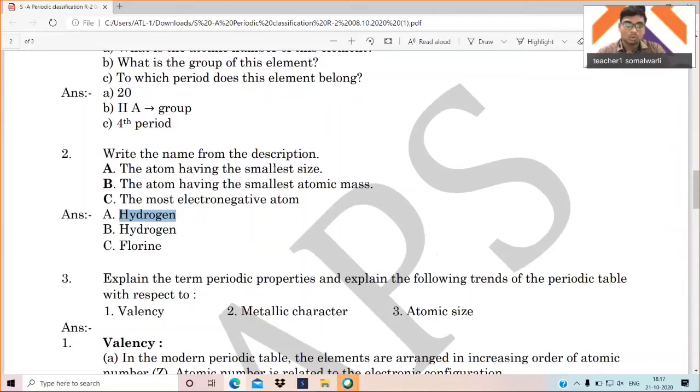Most of the internet says helium, but believe me, hydrogen is the smallest one. The smallest atomic mass is also hydrogen. The most electronegative atom is fluorine. Remember this, the most electronegative atom is fluorine.